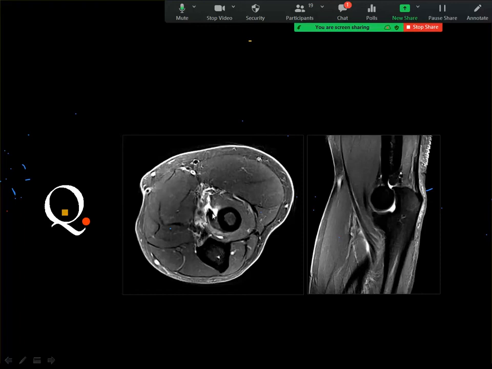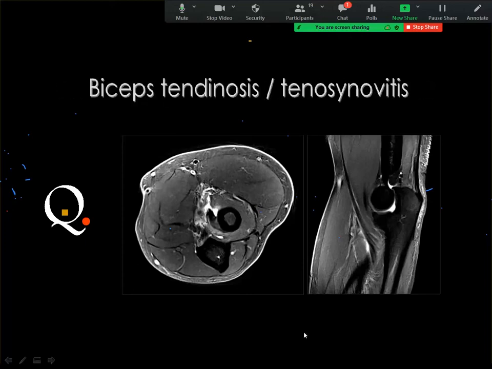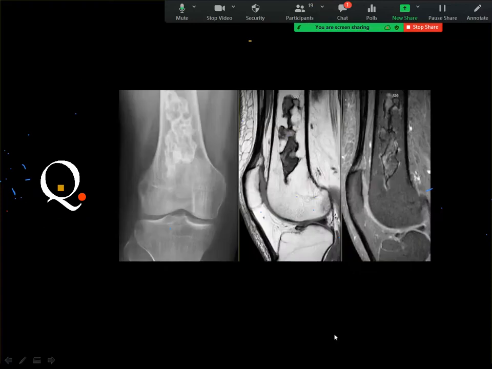But this tendon has reached its attachment in the radius, but there is some abnormal signal and some fluid around the tendon, which indicates tendinitis or tendinosis, but not a tear of the biceps tendon.